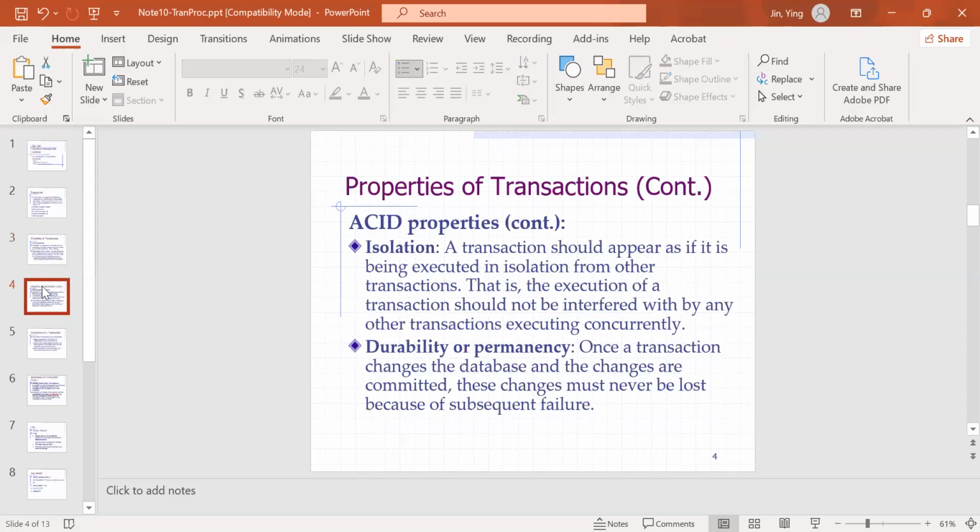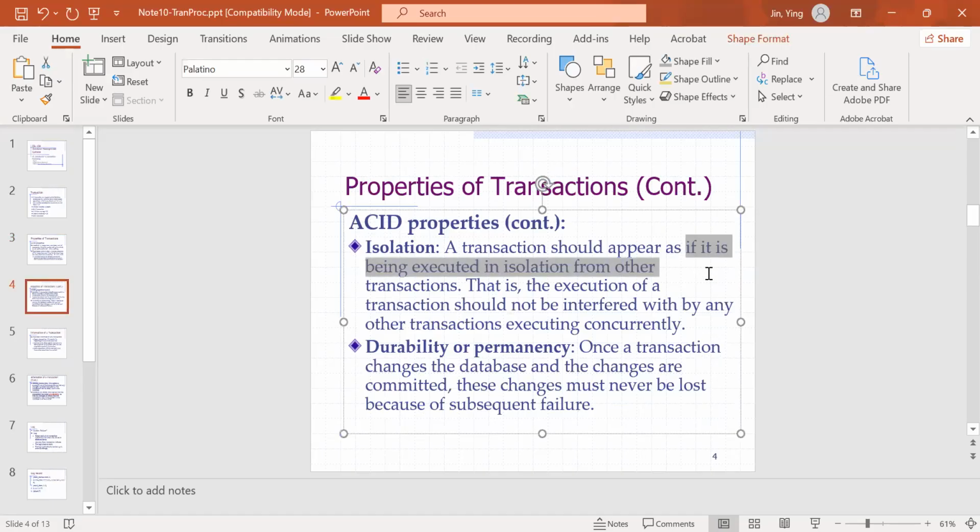Next is isolation. This one is about how we can have more than one transaction running at the same time, say five transactions running interleaved. They do interleaving, which is concurrency. However, the result should be the same as if each were isolated, as if it were executed in isolation from other transactions.